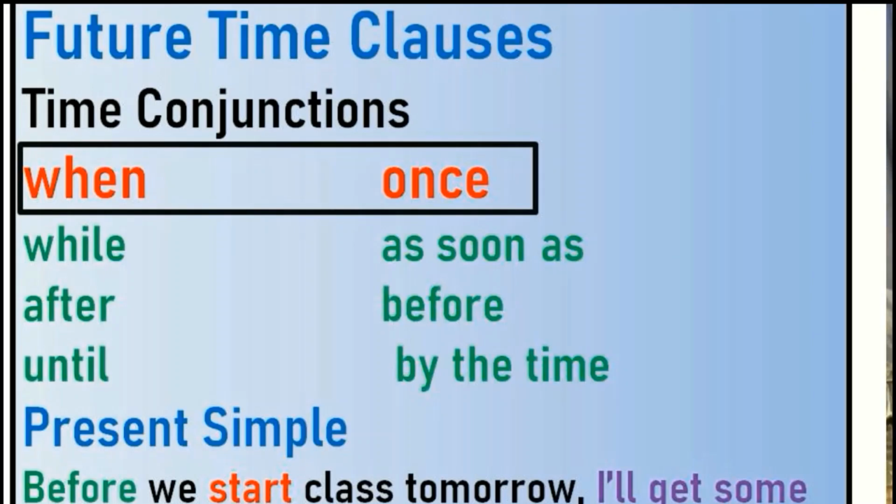Here we just use "when" and "once" because this is the present progressive, but we also have "while," "as soon as," "after," "before," "until," and "by the time." Let's give a little example in present simple.